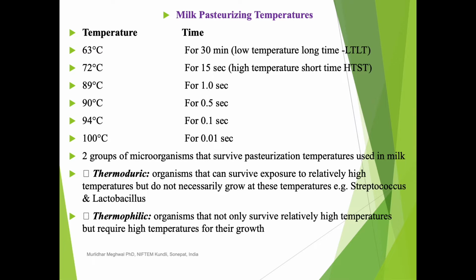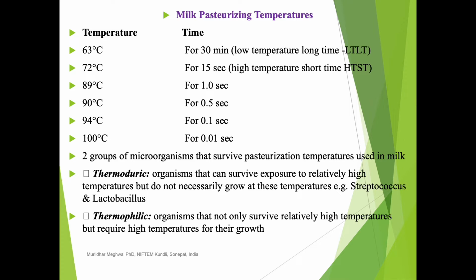There are different types of milk pasteurization. 63 degrees Celsius for 30 minutes, this time temperature combination we call the LT process, low temperature long time. If we use 72 degrees Celsius for 15 seconds, we call it the high temperature short time, HTST, process.